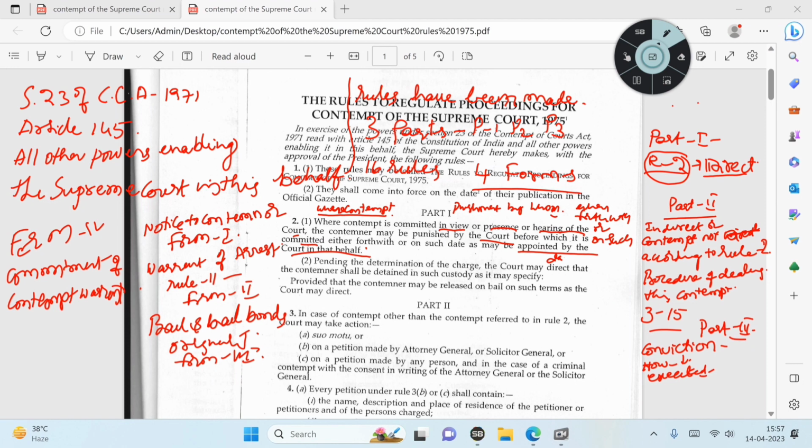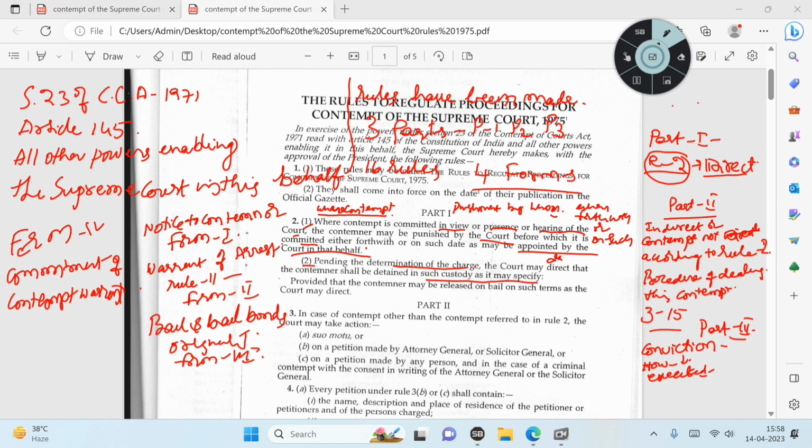So, Rule 2 contains 2 sub-clauses. Now, we dealt with the first. Next, what is the second? It enables the court to detain the contemptor pending the determination of the charge, in such custody as it may specify.